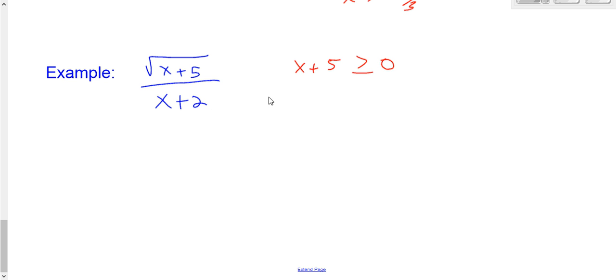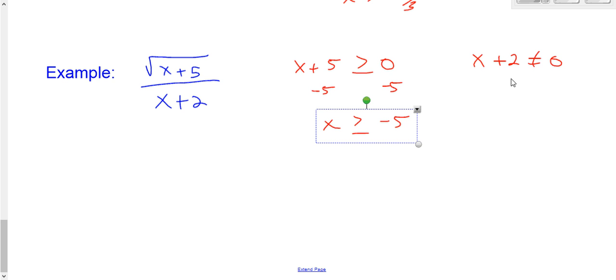The denominator cannot equal 0, so that x plus 2 cannot equal 0. Now we're going to solve these individually. We subtract 5. We get x has to be greater than or equal to -5. Over here, we subtract the 2. X cannot equal -2.